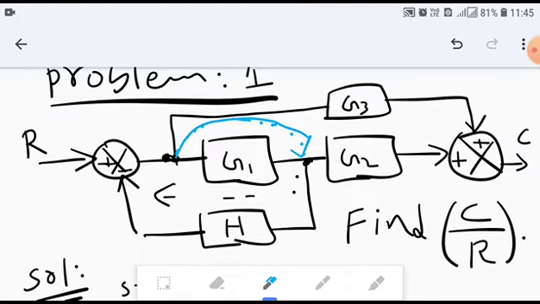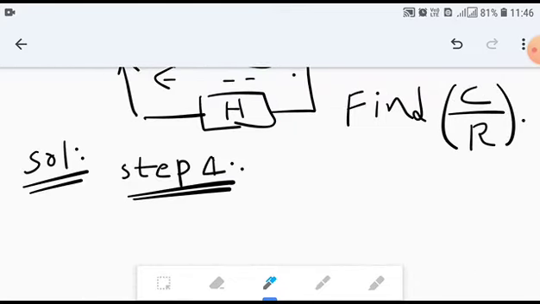So we can simplify this G1H into a single block. So we have to observe first the block diagram, which branch points we have to shift to where. Based on that we can simplify the block diagram. So you have to observe the overall block diagram, then you have to start doing the steps. That is very important.